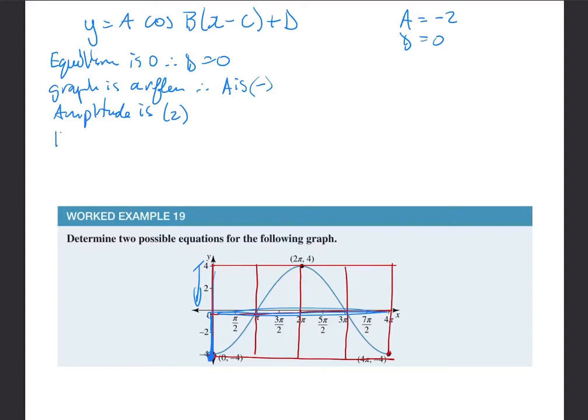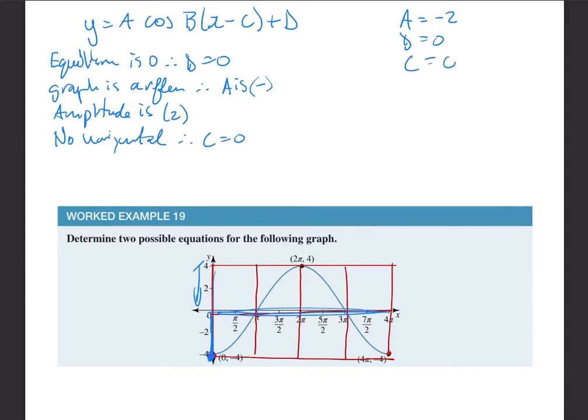I'm going to say no horizontal transformation, sorry, I'm in a rush, and that's why my writing is so ugly. No horizontal transformation, therefore this is C equals 0.